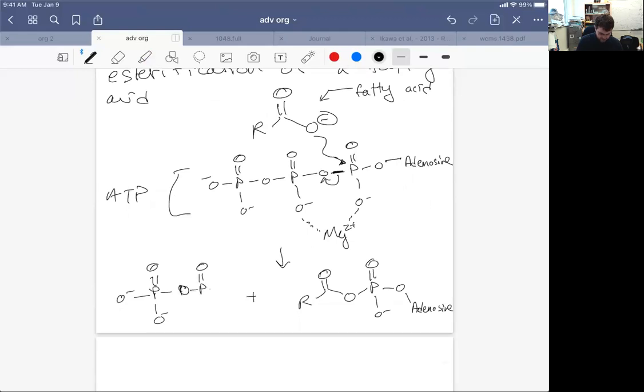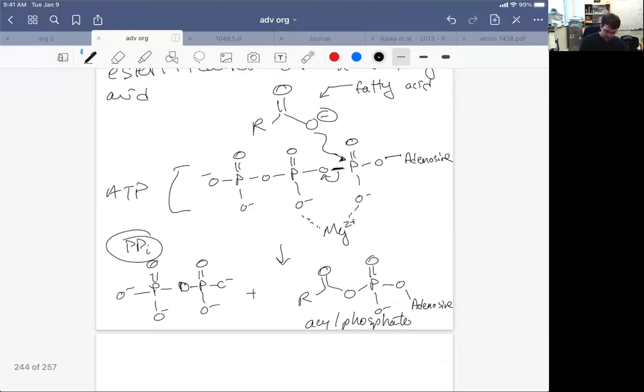All right, there's our diphosphate leaving group. And we call this PPi, inorganic diphosphate. Okay, now this is an acyl phosphate. And if you recall, this is more reactive than a thioester. This is actually our equivalent of an acid chloride in aqueous solution, in water, when biology is happening. So this is our acid chloride.